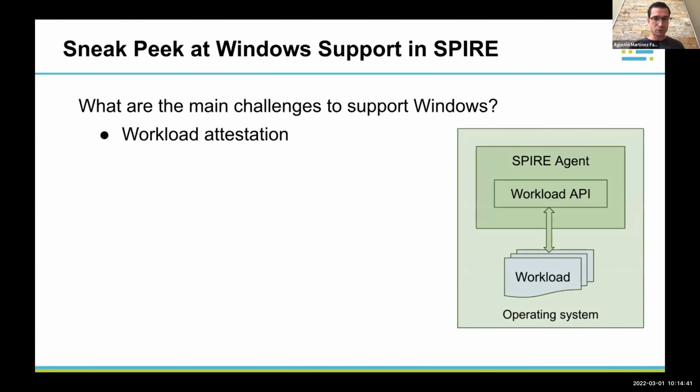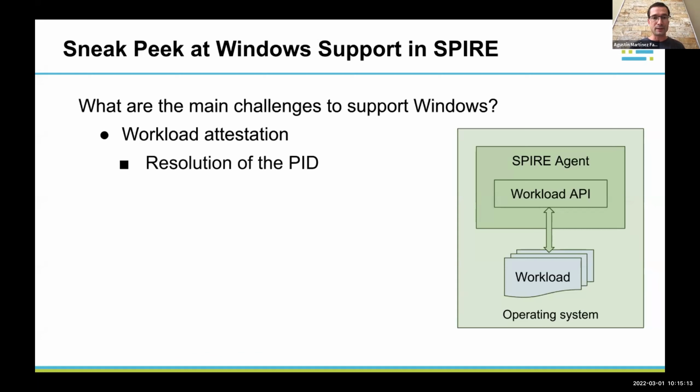One of those platform-specific implementations is the mechanisms that we have to obtain the process ID of the calling process of the workload API. So let's provide some background of this.